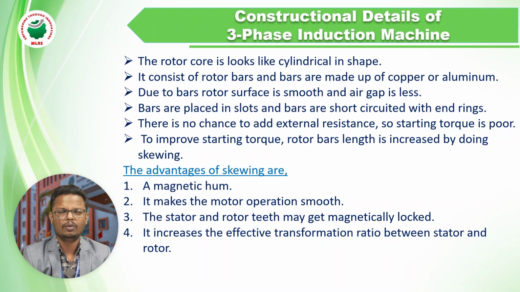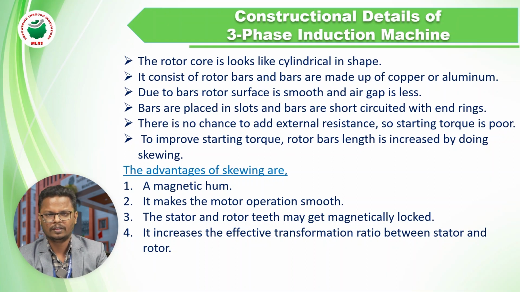For suppose on the stator I change 2 poles into 4 poles, then automatically the 2 poles in the rotor will change into the 4 pole system. Whatever changes we make on the stator, there is no need of doing it manually on the rotor. It is an automatic process in the squirrel cage induction motor.